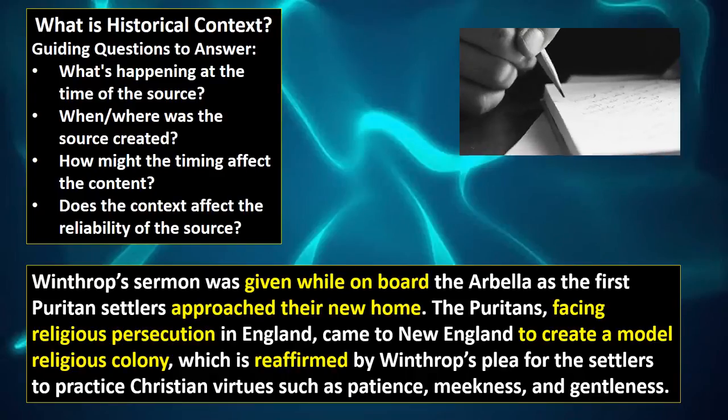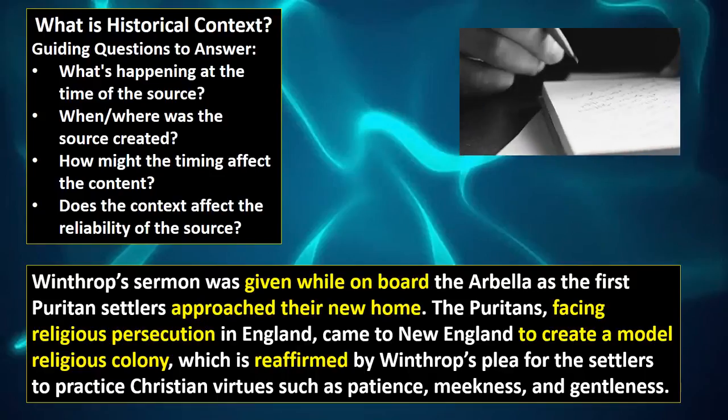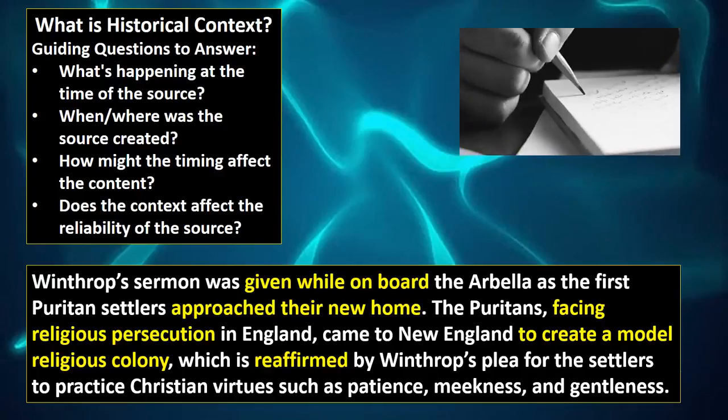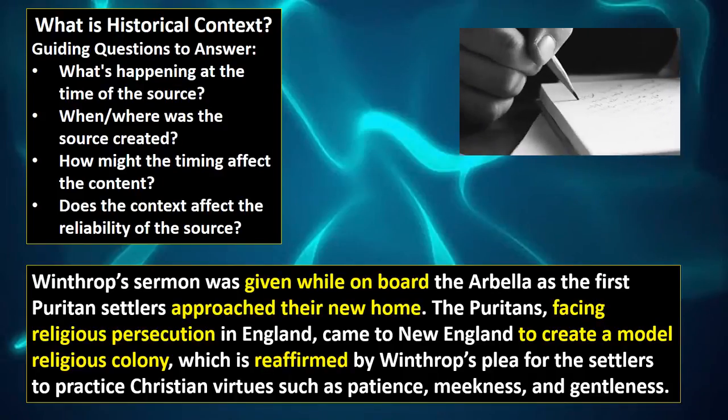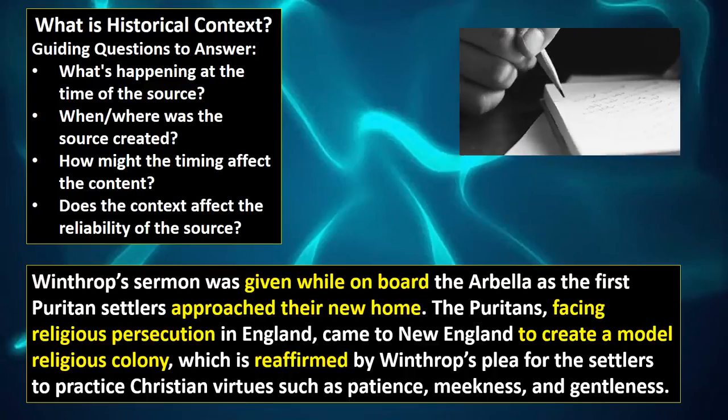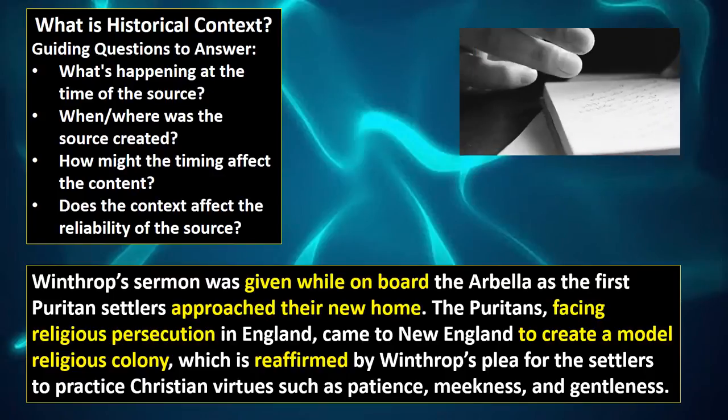The Puritans, facing religious persecution in England, came to New England to create a model religious colony, which is reaffirmed by Winthrop's plea for the settlers to practice Christian virtues such as patience, meekness, and gentleness. I hope you see what I'm doing right there. I'm giving some things that led up to that document being written. I answer what's happening at the time of the source, when and where it was created, and how the timing might affect the content. You see that all ties back into those guiding questions with historical context.